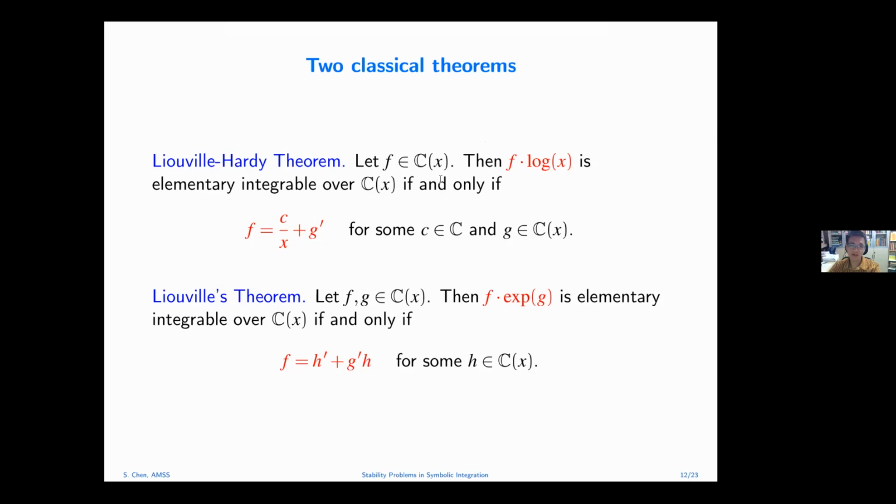In this book, he stated the following very neat result. If f is any rational function and f log x is elementary integrable, which means the antiderivative of this function is elementary, then f must be of the following very special form: f is equal to the derivative of another rational function plus a constant divided by x.